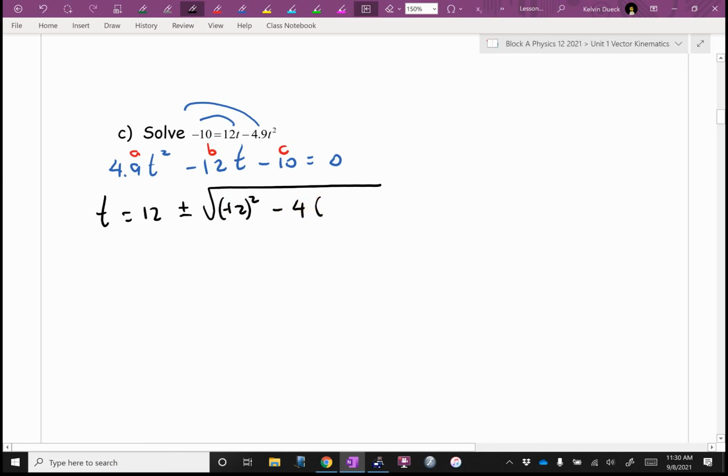Minus 4 times A times C. And then I would extend the square root like that just to let myself know that that was all in the square root. All over, and again, you can write 2 times 4.9, or you can write 9.8. Is this a fraction? Yeah.